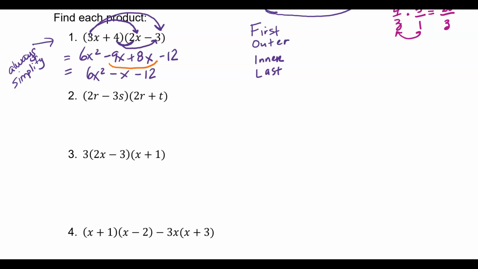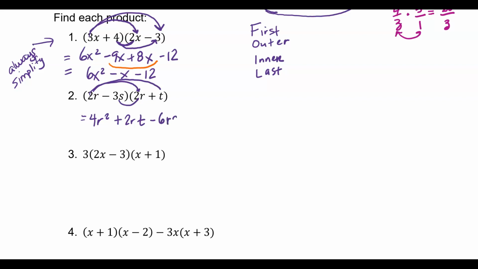Let's FOIL. First, 2r times 2r, 4r squared. Outer, 2r times t, 2rt. Inner, negative 3s times 2r, which is negative 6rs.